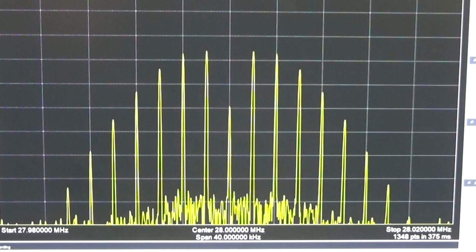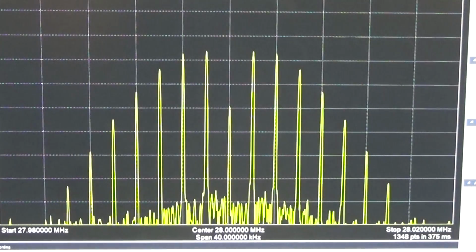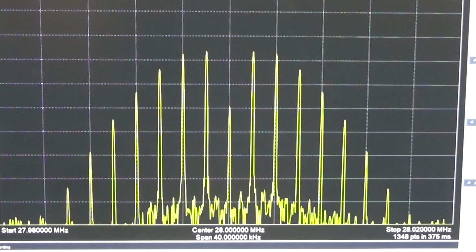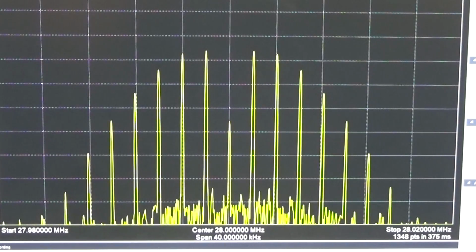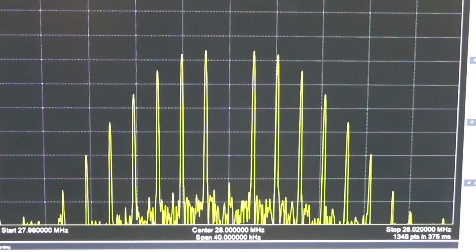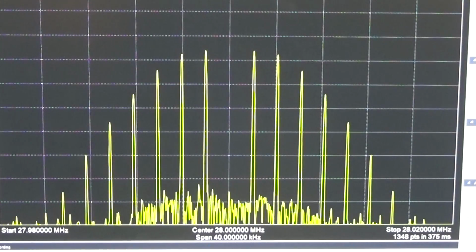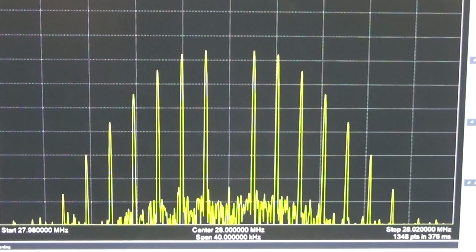So let me carefully change here the resolution, and let's see if I'm able to get here my fundamental or my carrier frequency almost to 0. And what you can see here, more or less.